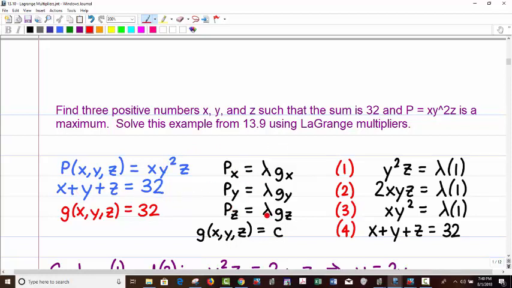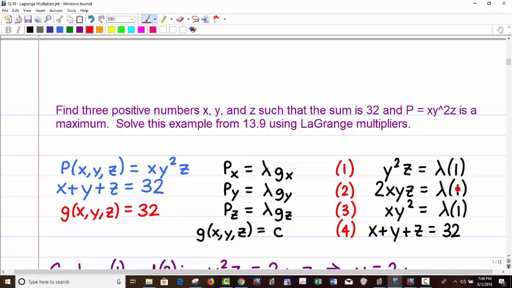So let's get the Lagrange equations written out here. The x partial of xy squared z would just be y squared z, and then the g partial. In fact, this is just a coincidence for this problem, so I'll mention it now: all three partials for this g constraint are going to be a value of 1. That's just a coincidence for this problem, so these are all going to be lambda times 1.